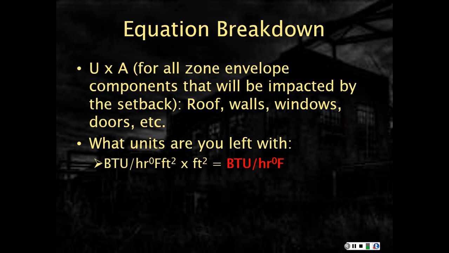Now, the units that we're left with, when I multiply all these U times A's, in other words, U value times area, when I cancel the units out, I get BTUs per hour per degree Fahrenheit. You need to remember that: BTUs per hour per degree Fahrenheit.